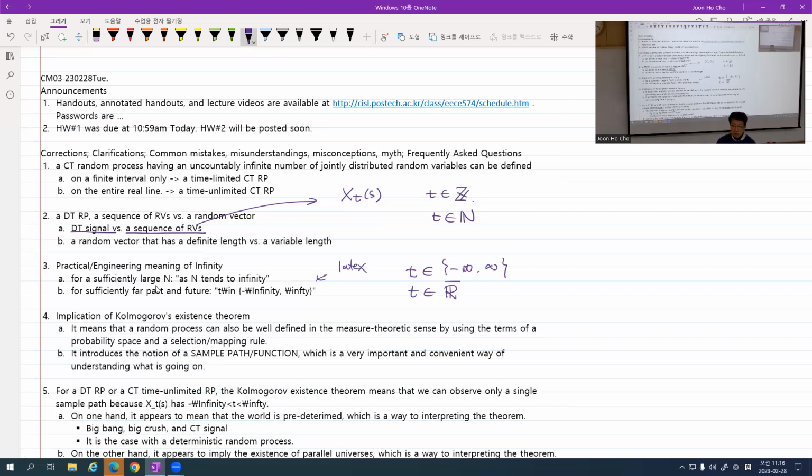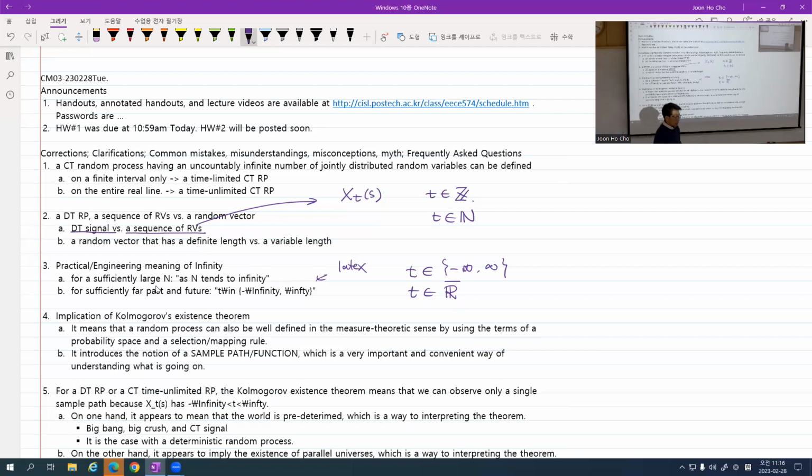Got it? Or for some applications, you may say that my negative infinity could be the year 1900 and positive infinity means 2050. So according to your application, this positive infinity to negative infinity may represent a very short period or sometimes a very, very long period. It all depends on the situation, and you choose this infinity just for convenience.